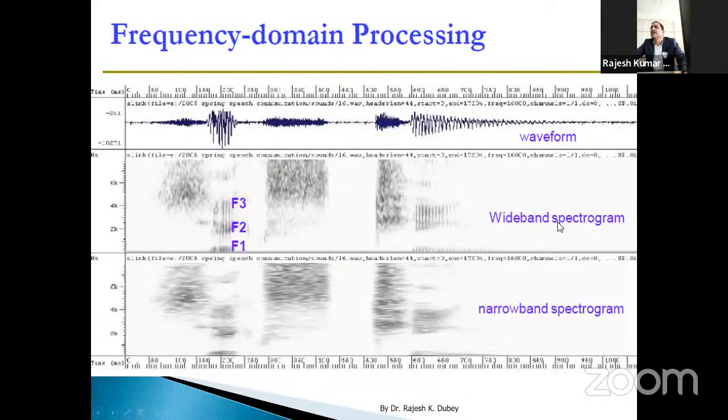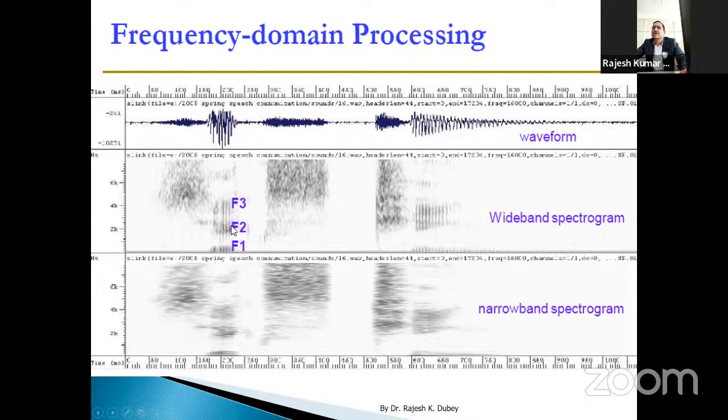See, this is our speech waveform. If we take a frame, do Fourier analysis, and plot the short-time spectrogram, that is the wide band spectrogram and the narrow band. What observation is there? In the wide band spectrogram, we can see vertical strips, and the darker region shows high magnitude.